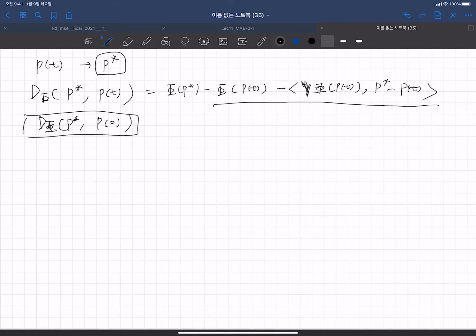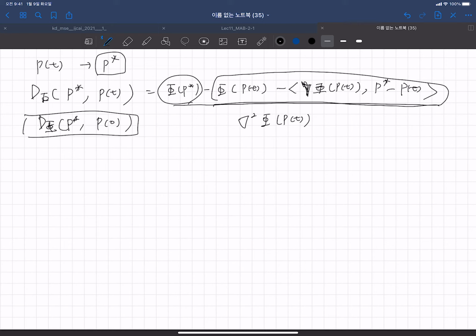Since this is a first order approximation and this is the original function value, when the Hessian of the pi function is huge at time t and to the P star, if this Hessian value is always high, then essentially the Bregman divergence to the solution is very huge. Everything is proportional to the Hessian of the pi function.